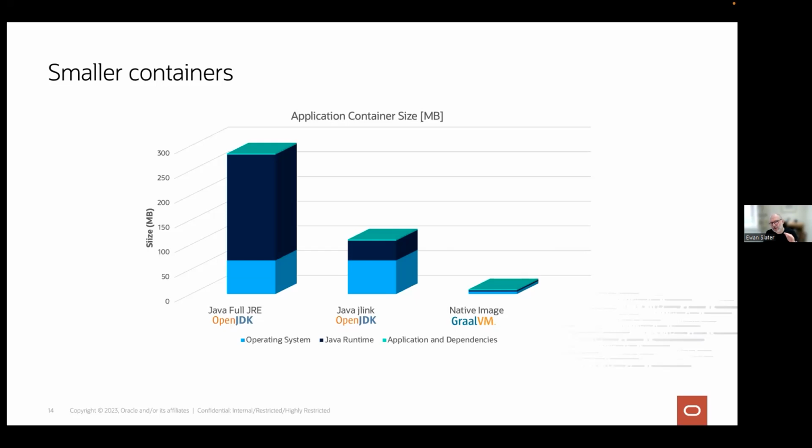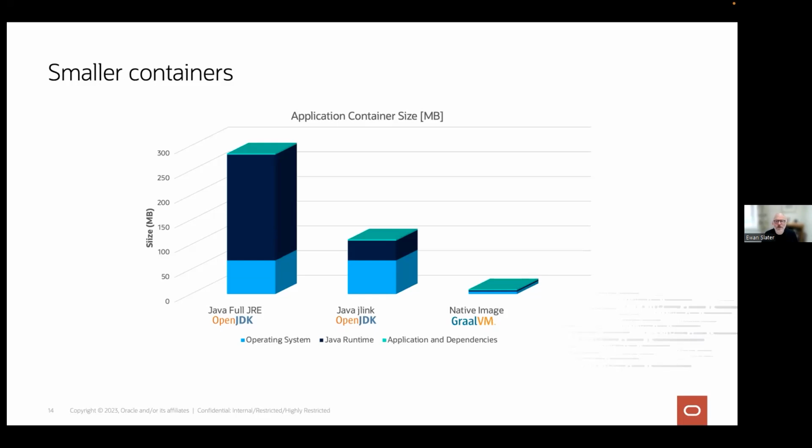Now, we can minimize that slightly using jdeps and jlink, so then you'll ship just enough of the Java runtime environment for your application to be able to run. But if we go down to a native image, and we go down to what's called a distroless container, which has just enough operating system within it, you get a much smaller container with much less in it. And that has advantages in terms of portability, in terms of storage consumption, and in terms of security.